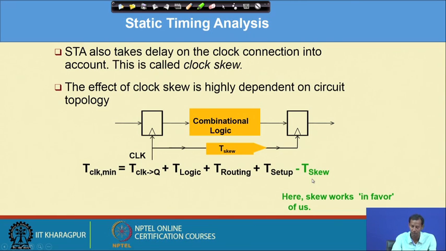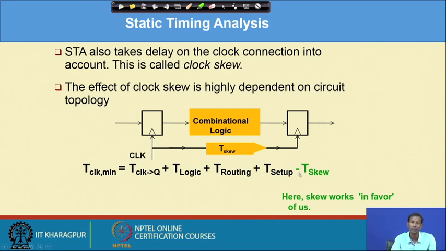Now, how do we get each of these factors? The T clock to Q, the delay for this flip flop, we get from the library. How many levels of gates are connected for the logic delay, you can get from the library itself. The net delay also comes from the library. The setup requirement for the flip flops also comes from the library.